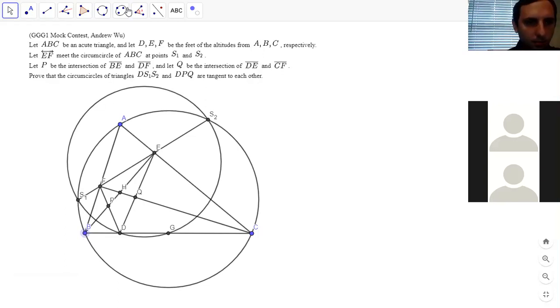So, okay, so should we let DF and DE meet this circle? Let's see. I guess the easiest way to show two circles are tangent is to let DP and DQ meet this circle at 2 points and then show that that's parallel to PQ.